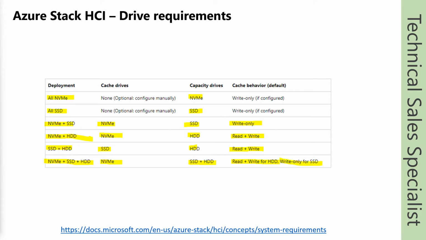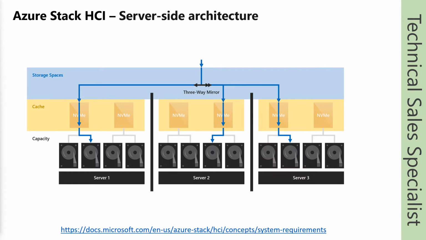When we talk about cache, many customers think, oh, cache, what happens if we have an outage? Then usually the data in the cache is lost. And it's the same situation in storage spaces direct. For sure, if we lose drives, the content we had on these drives is lost.